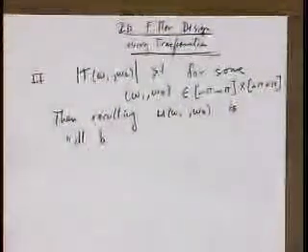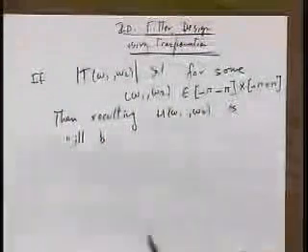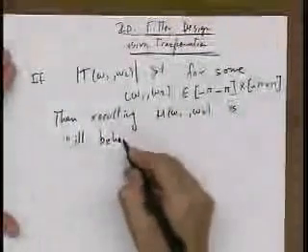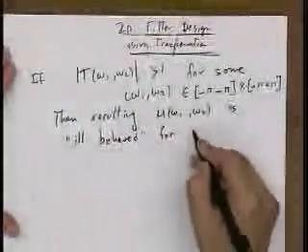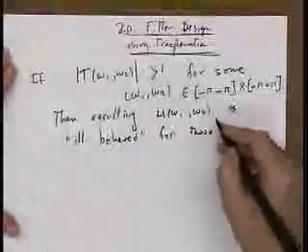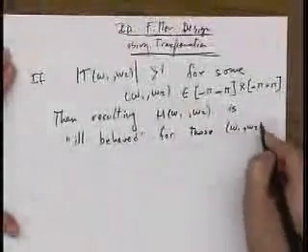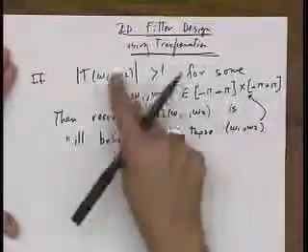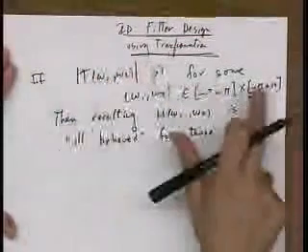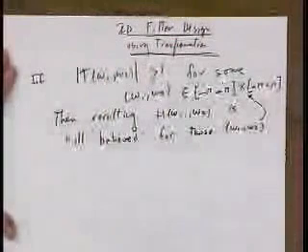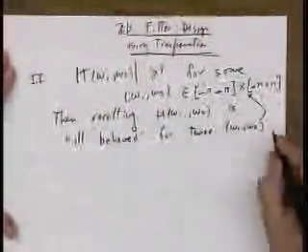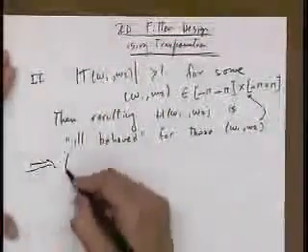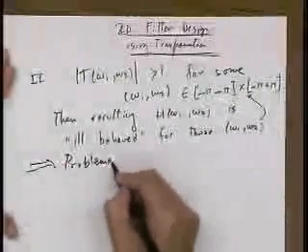That means it can do anything it wants. It's uncontrolled, unspecified, or ill-behaved for those omega 1s and omega 2s, i.e. for the ones that this t got to be larger than 1. Okay, so this is problematic. We can't live with this.